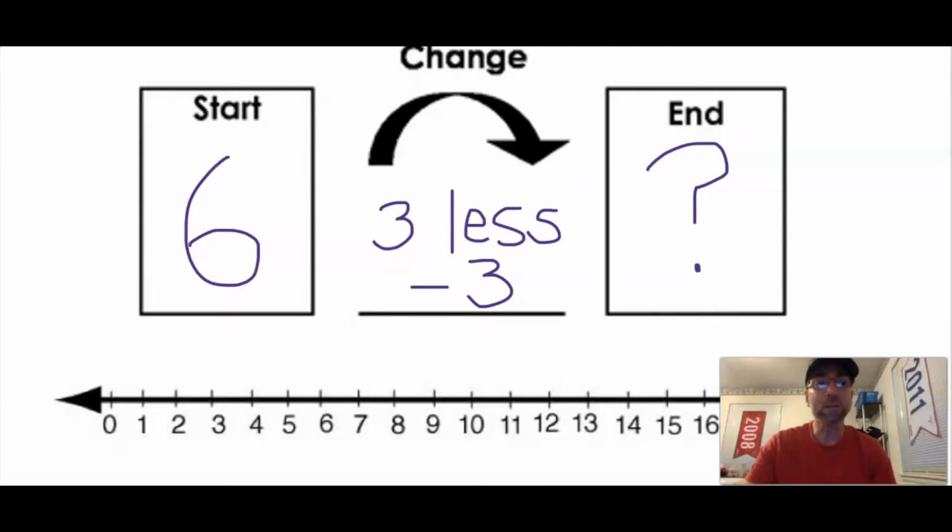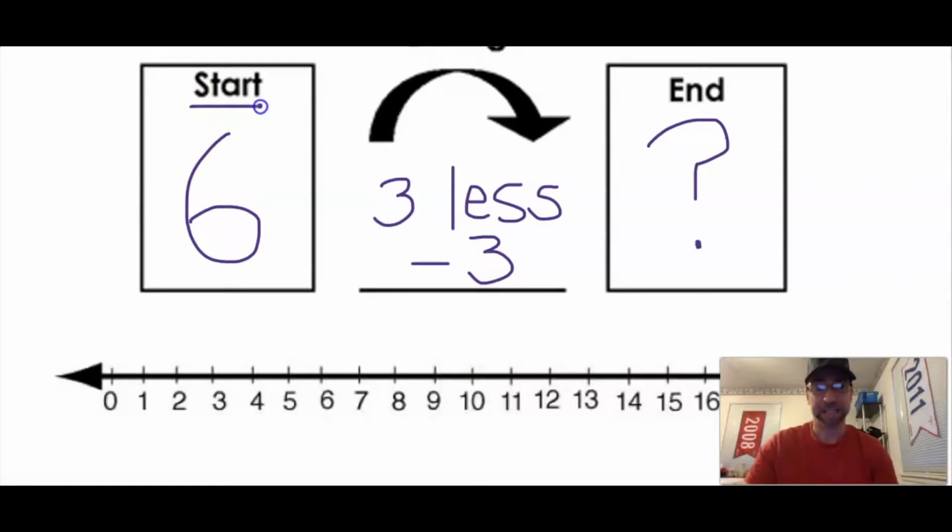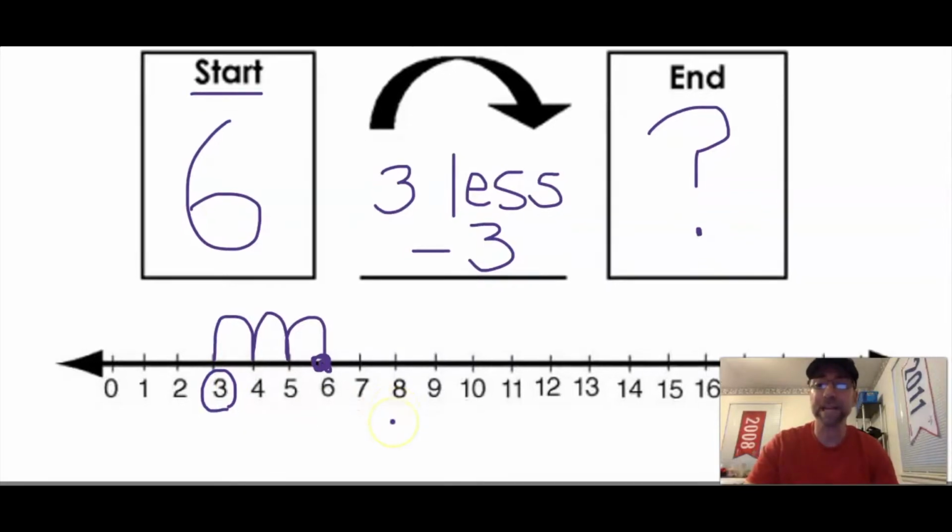Now I can also solve this on my number line. I started with 6. I had to do 3 less. That means I'm heading towards 0. 1 less, 2 less, 3 less, and I landed on the number 3.